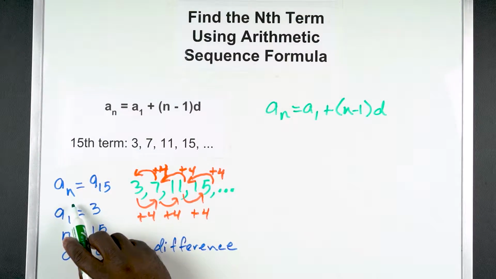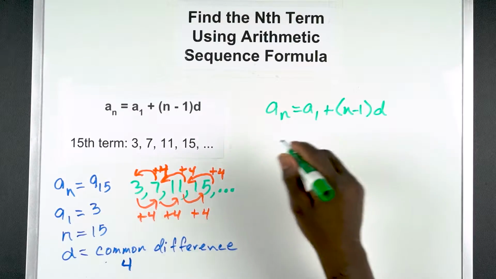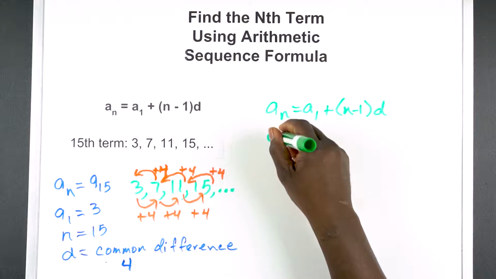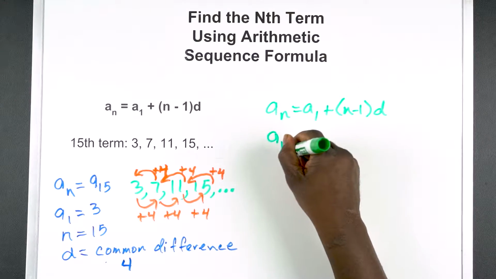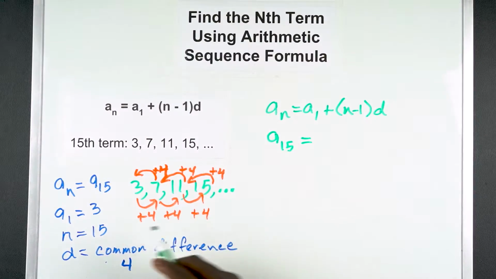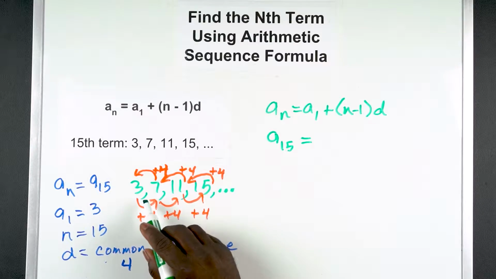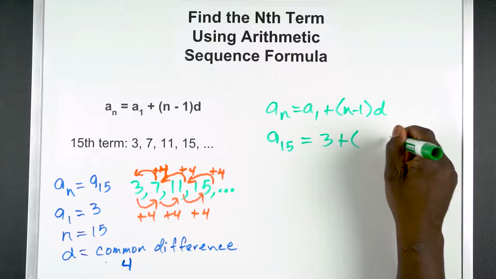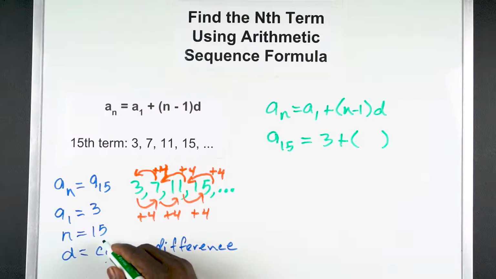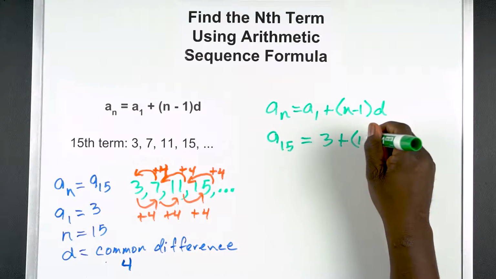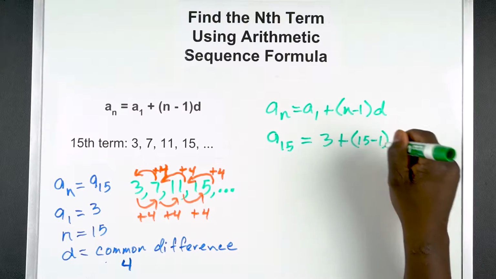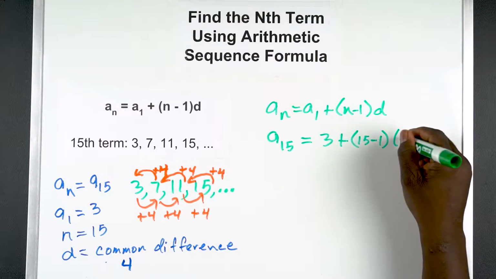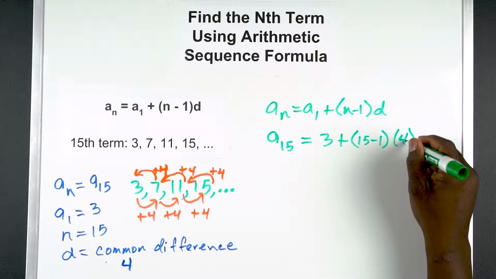Now we know that a sub n equals a sub 15 because we're looking for the 15th term. So then I'm going to write a sub 15 equals a sub 1, in this case the first term, that's 3, plus the quantity of n, which is 15, minus 1, and the common difference is 4, so I'm going to put times 4.